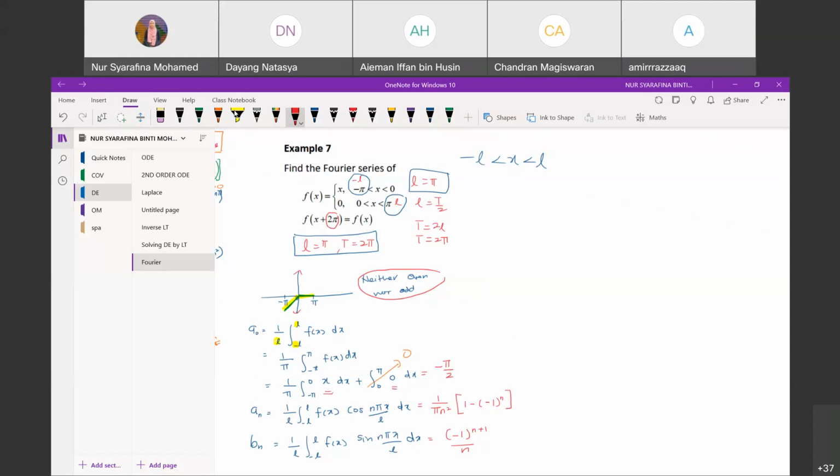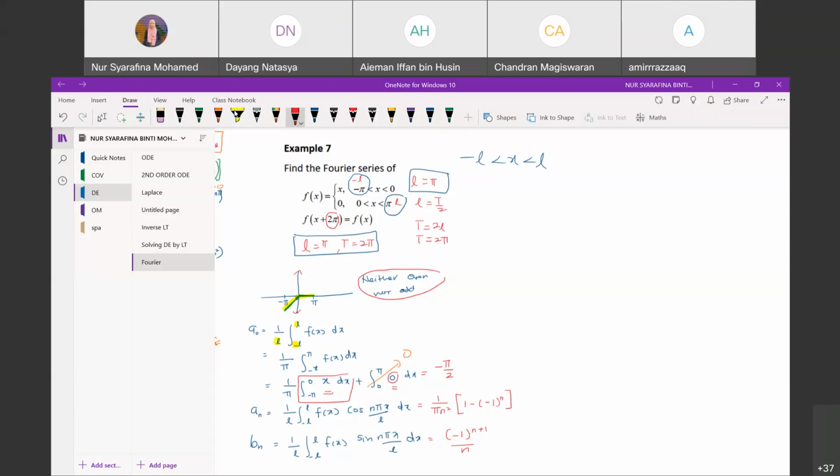But eventually the function here is 0, so we just focus on the first part. That is also applicable for an and bn. If you have a function like this, you have to use the correct way to apply the limits from minus pi to pi, because this is a piecewise function, right?